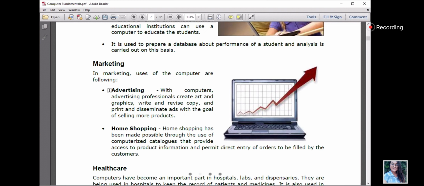Next thing, we have marketing. In marketing, we have two important sectors. One is advertising and another is home shopping. In advertising, you see some random ads on your Facebook, Instagram or YouTube.